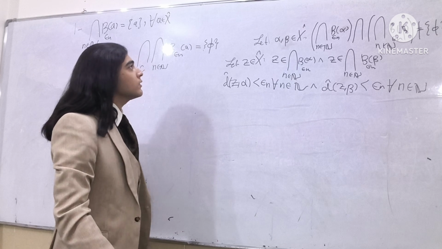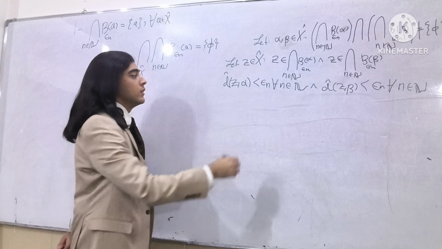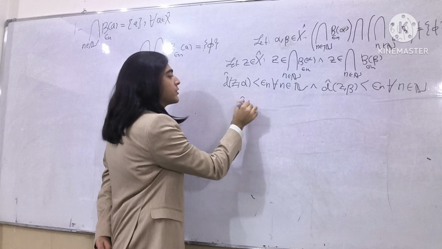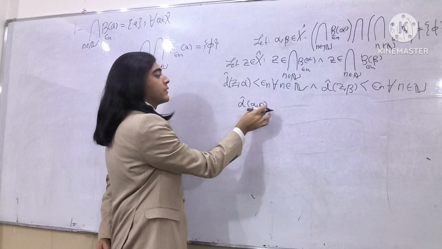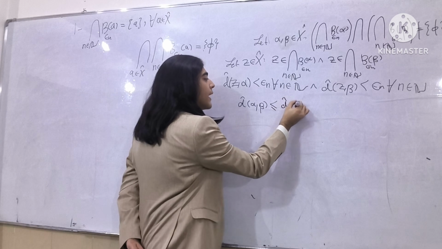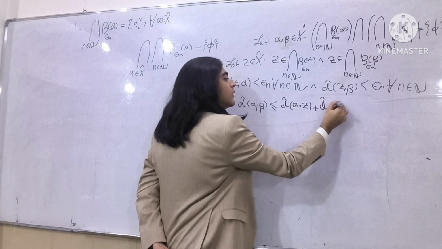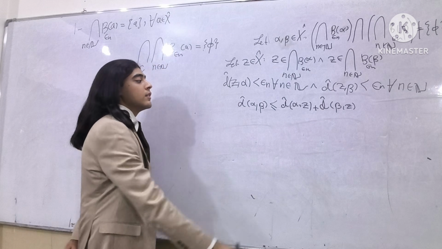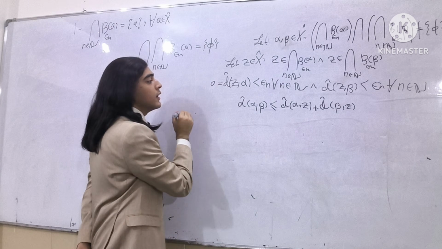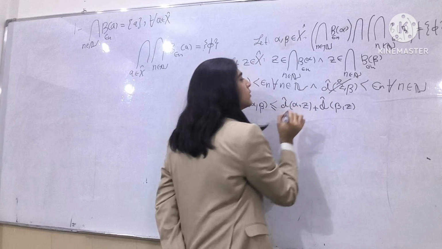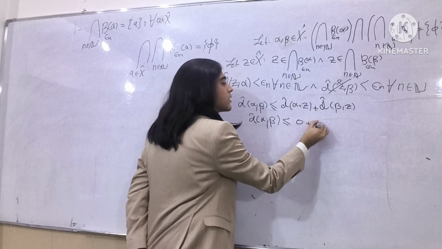Now I get to use the triangle inequality to find the metric of alpha and beta. The metric of alpha and beta is less than or equal to the metric of alpha and Z plus the metric of beta and Z. This part is, of course, less than epsilon and equal to 0, and this part is also equal to 0. So d of alpha beta is less than or equal to 0 plus 0.